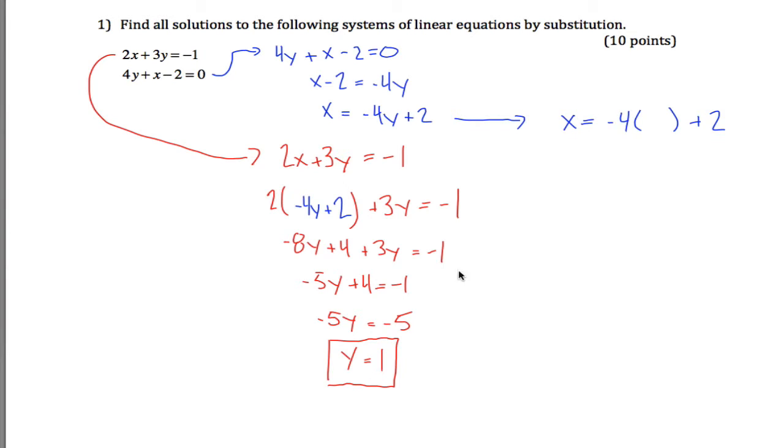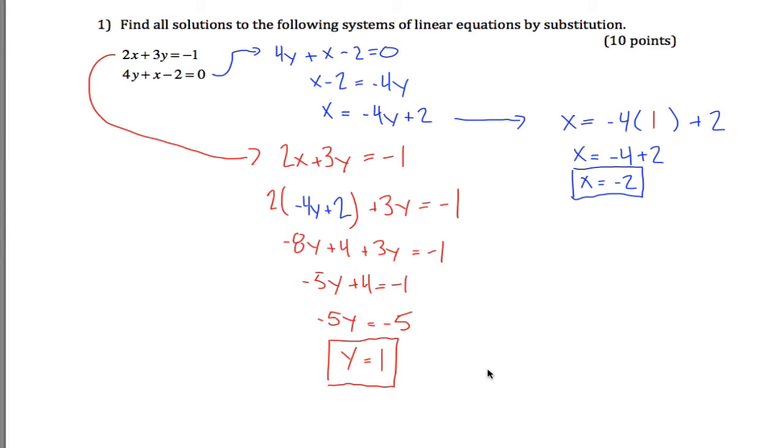So instead of writing y here, I can write 1, and now I can figure out what x is. Negative 4 times 1 is negative 4, plus 2. Negative 4 plus 2 is negative 2. What I now have is my solution: when x equals negative 2, y equals 1. That's my solution to this system of linear equations. That will satisfy both of these equations at the same time.